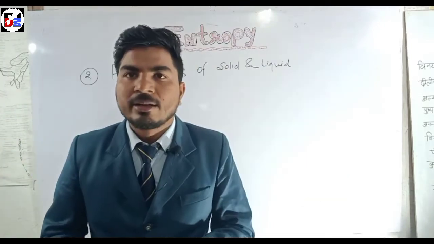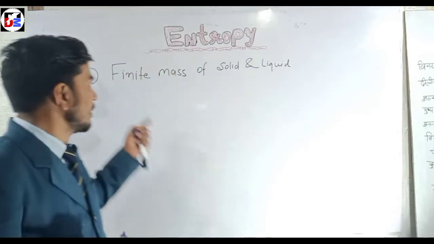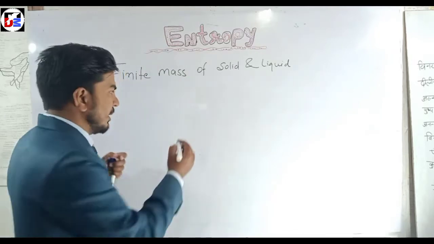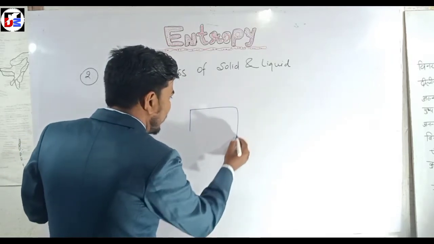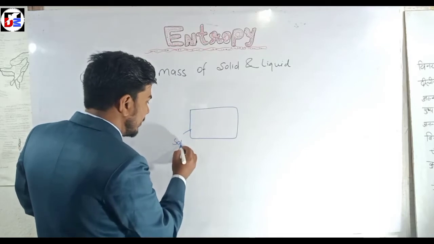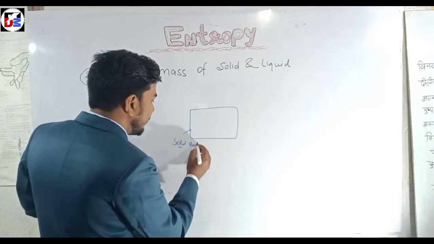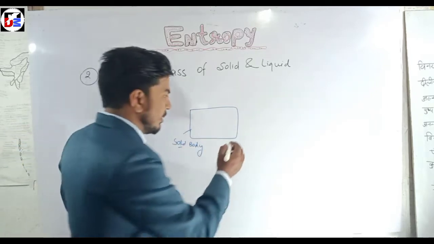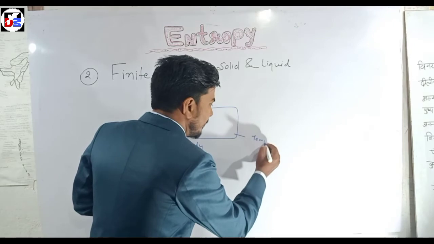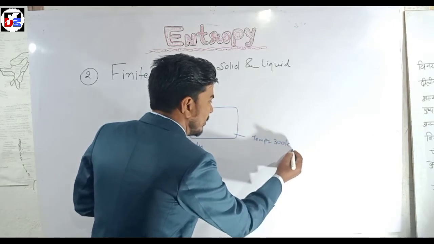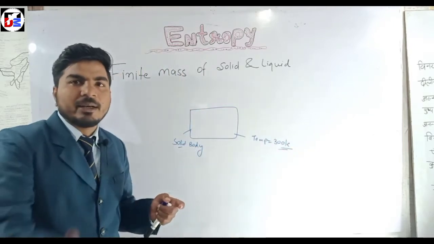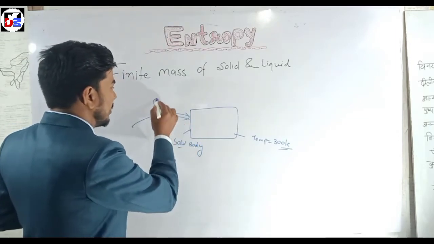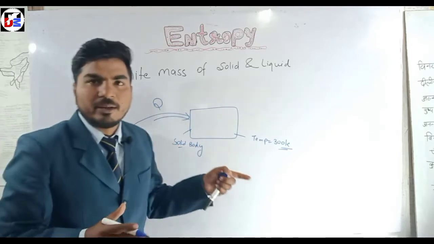Okay. The second condition given in the problem is a finite mass of solid and liquid. Suppose a body having a finite mass, a solid body, and its temperature is 300 Kelvin. Now we provide some heat, Q. Then what happens?